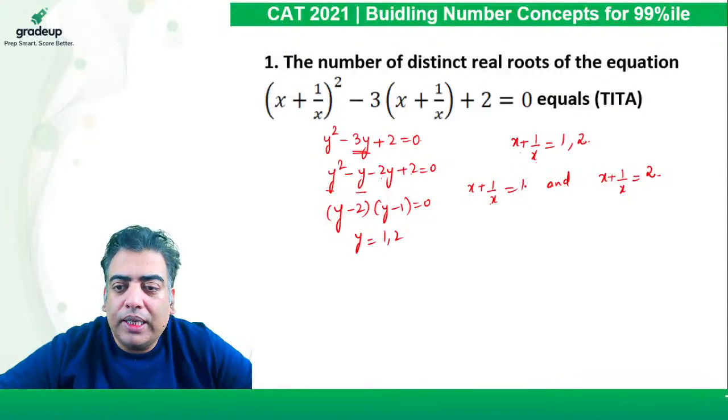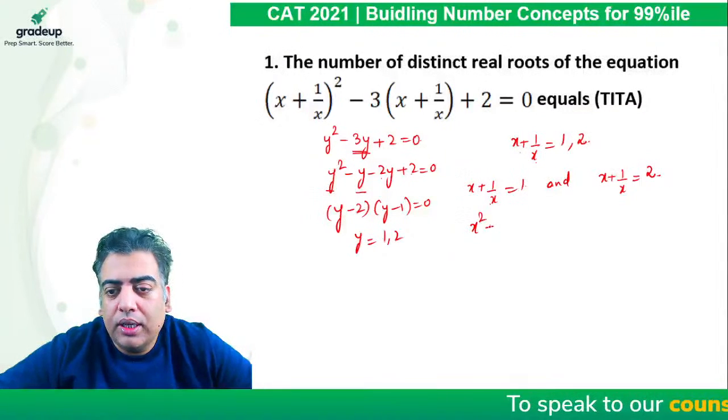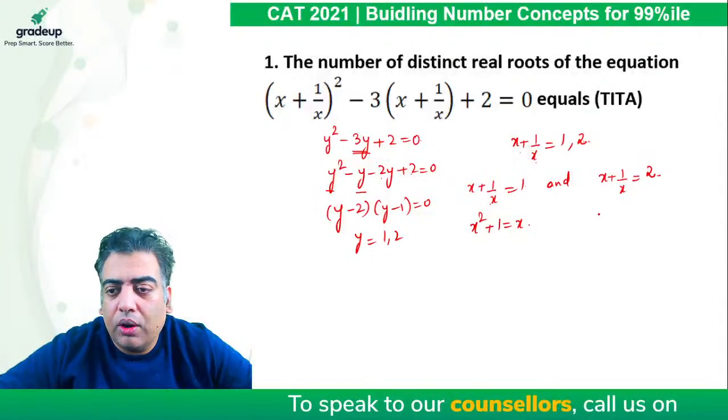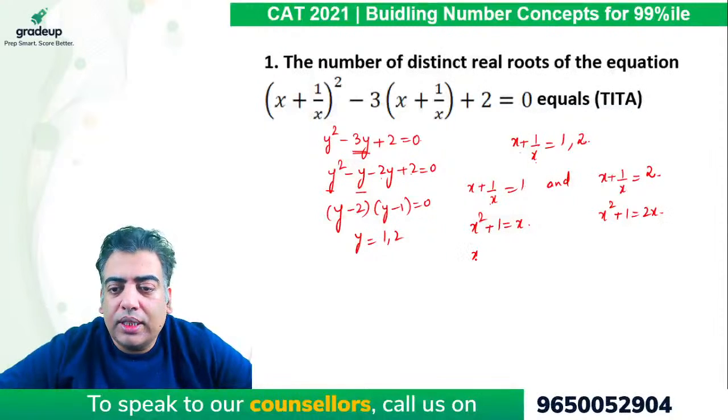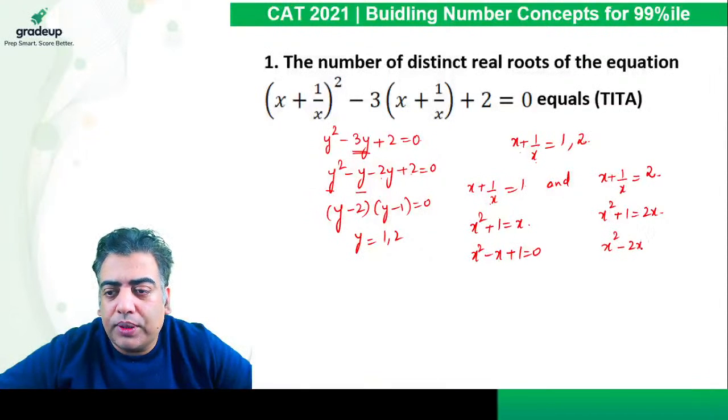So if we cross multiply here, it gives me x square plus 1 equal x, or in this case x square plus 1 equal 2x. So this gives us x square minus x plus 1 equals 0, and this gives us x square minus 2x plus 1 equals 0.